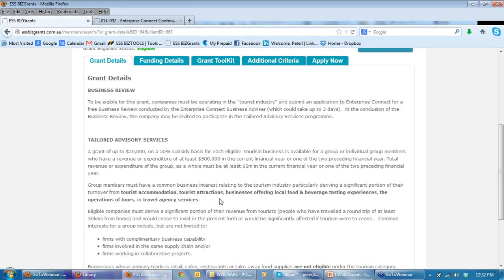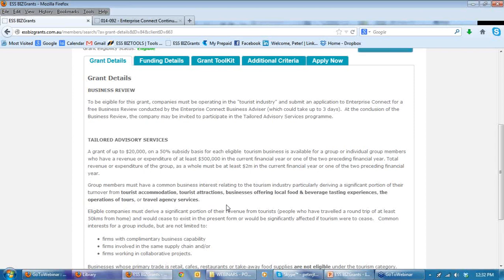They could have applied as part of a group if they had a few other businesses that might have been in some of these other areas of activity that they wanted to come together to do something jointly, develop a supply chain. And in fact, I think in every area of Australia, you could be looking at supply chain type activities within the tourism industry.